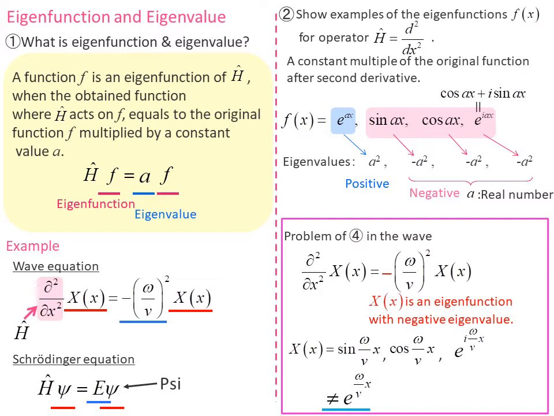Therefore, exponential a x cannot be X(x) because of its positive eigenvalue, and only the wave-type functions can satisfy this eigenfunction equation. Keep in mind that the Schrödinger equation has a similar argument.